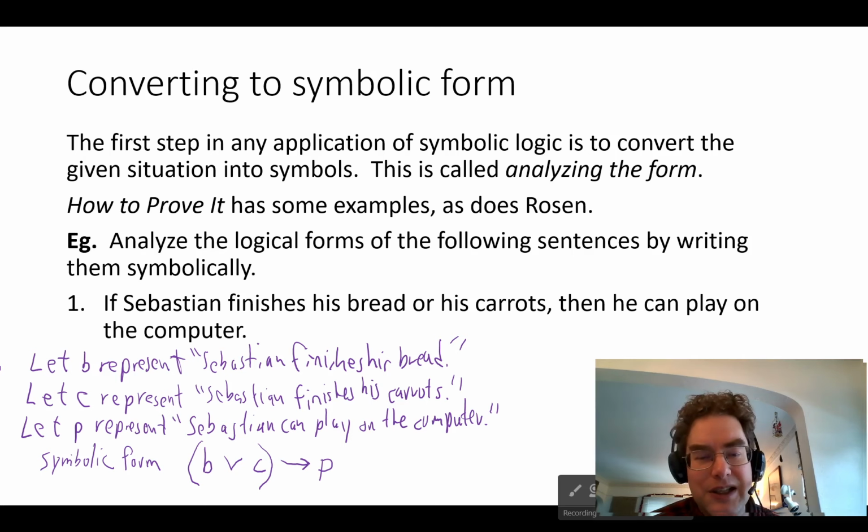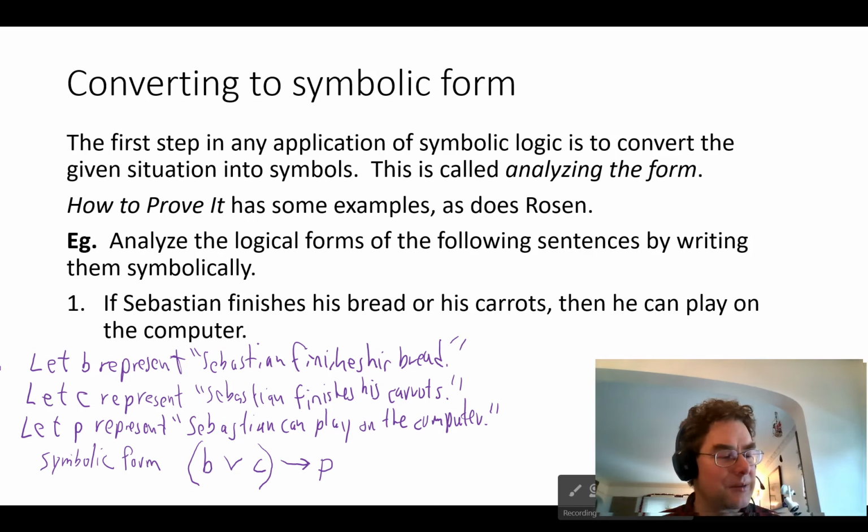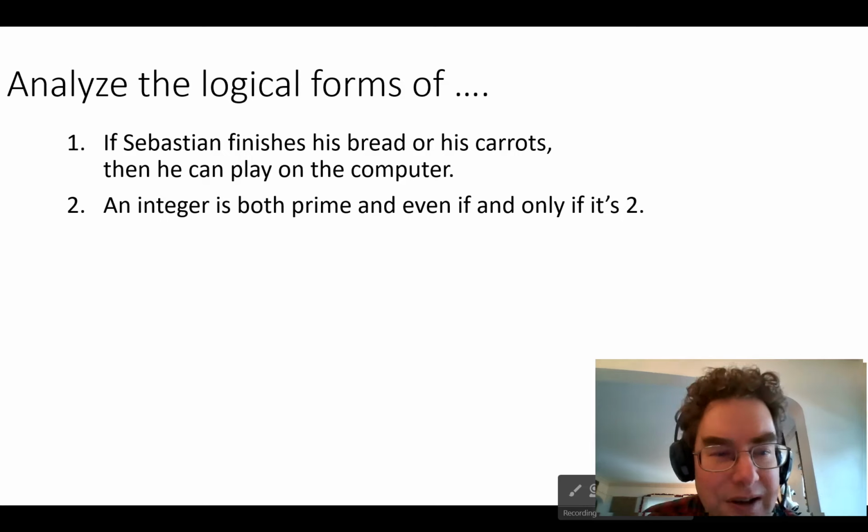Because if Sebastian finishes his bread or his carrots, you're already seeing those two simple sentences being melded together in a way that indicates they're to be thought of as a unit in the front part of the conditional implication. Okay, so there's one example. Again, we use parentheses very strategically and importantly in our symbolic forms. There's a sentence we already did.